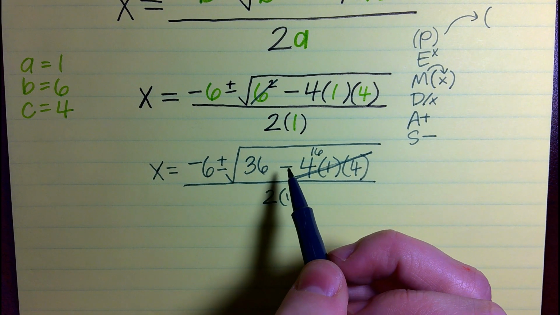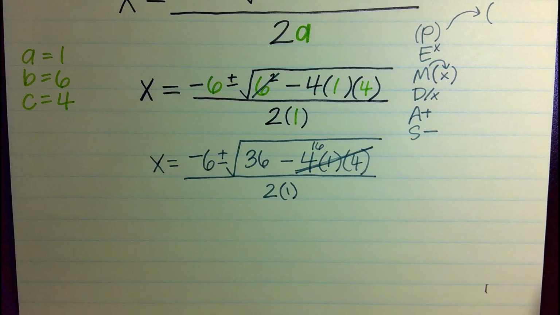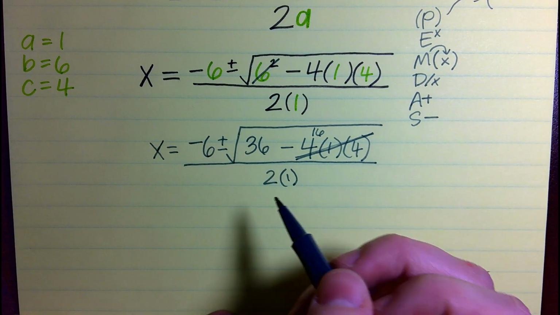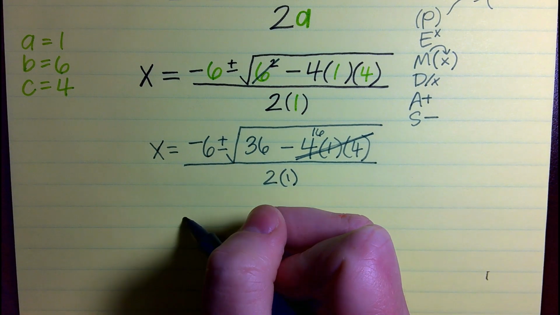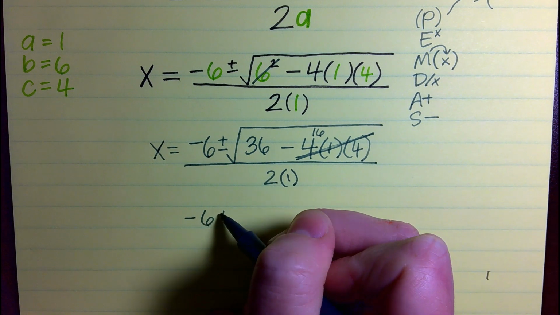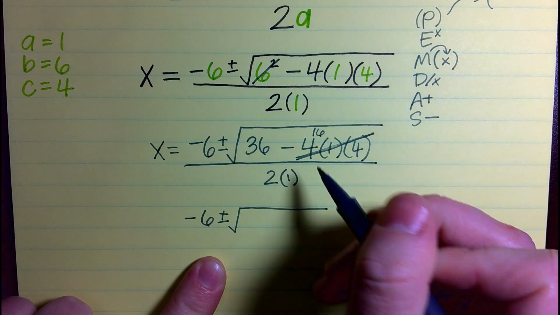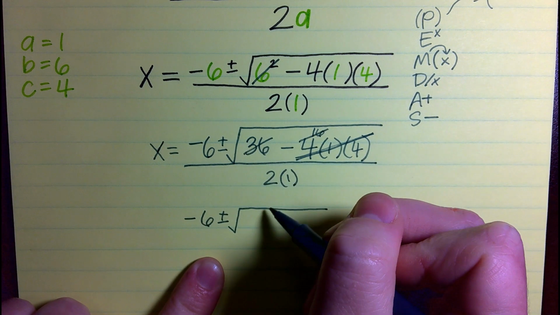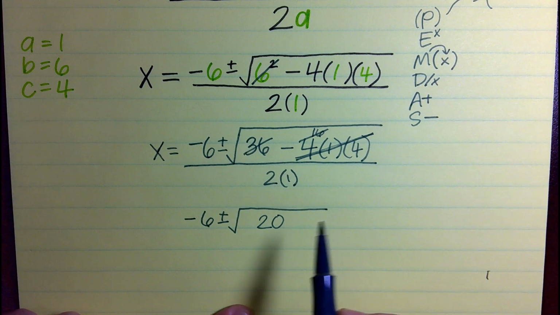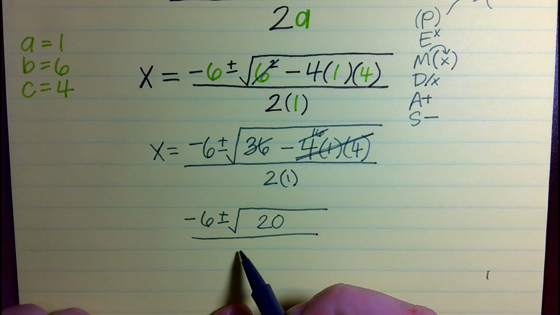What's 36 minus 16? 20. Okay. So, I'm going to rewrite it all. Negative 6 plus or minus the square root of 20 all over, yes, exactly, 2 times 1 is 2.